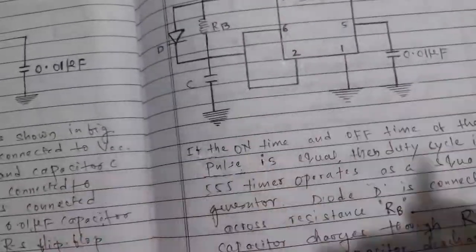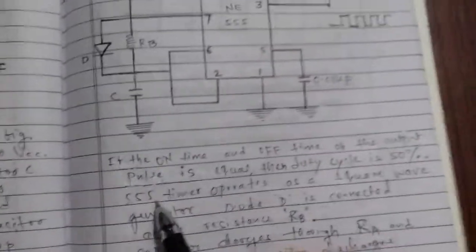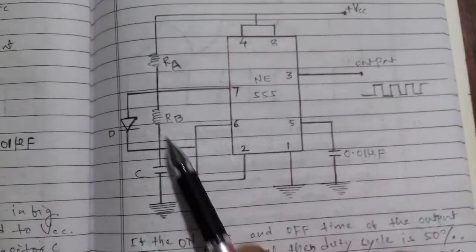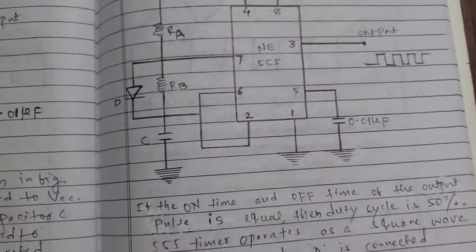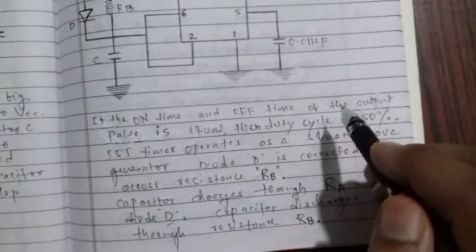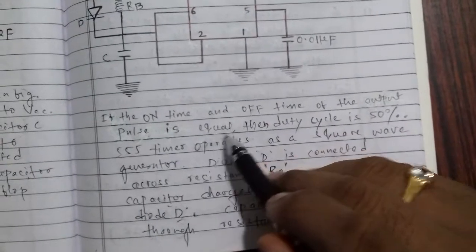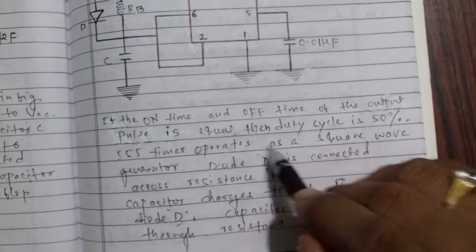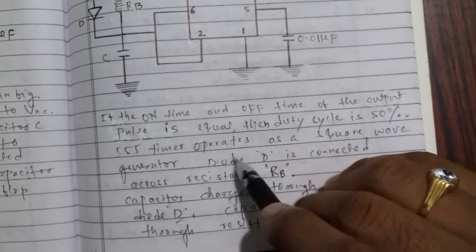If the on time and off time of the pulse are equal, that is, with Ra, Rb, capacitor C chosen so, then the duty cycle is 50%. The 555 timer operates as a square wave generator.